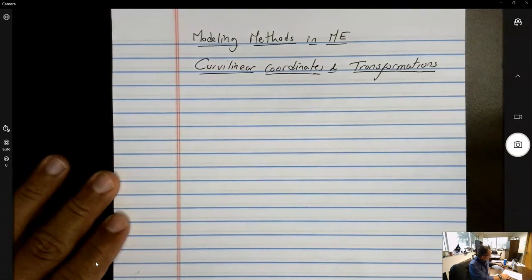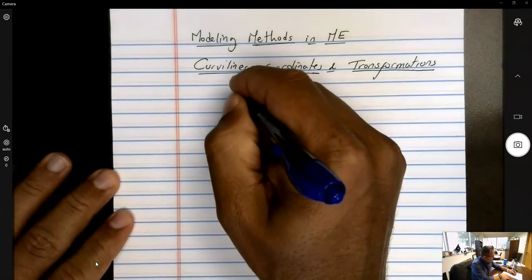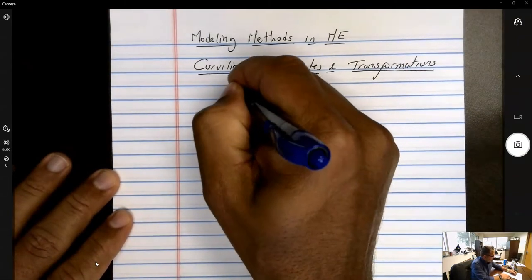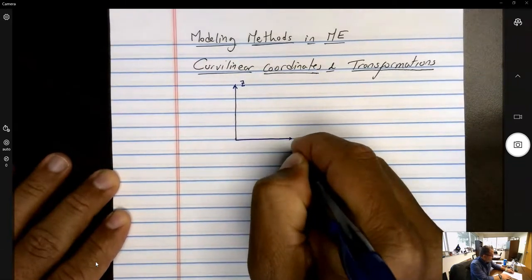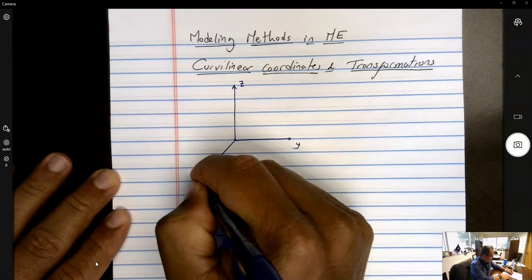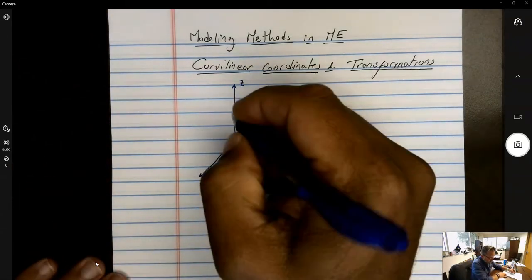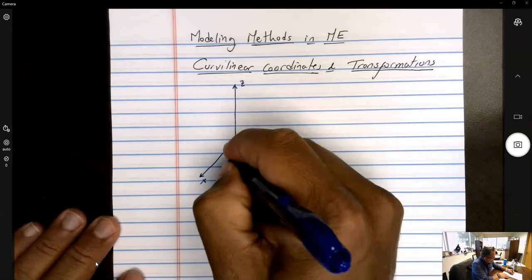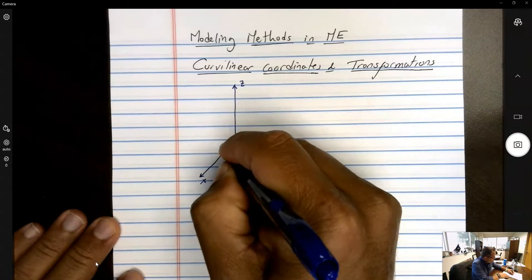So let's start with nomenclature, and let's start by saying that we have been working in the Cartesian frame, where we've expressed our system as x, y, z, and each of the tangent vectors, or what we call the unit normal vectors, but they're in fact tangent.